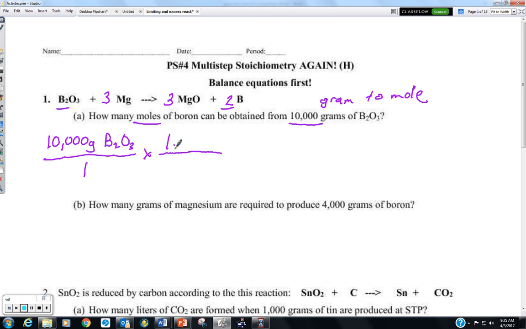I'm going to put 1 mole on top, and this is 1 mole of B2O3. What am I trying to accomplish right here? Going from grams to moles. So what goes down here? 11 times 2 plus 48. This is 70.